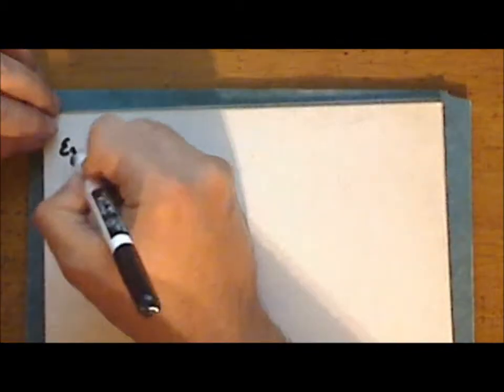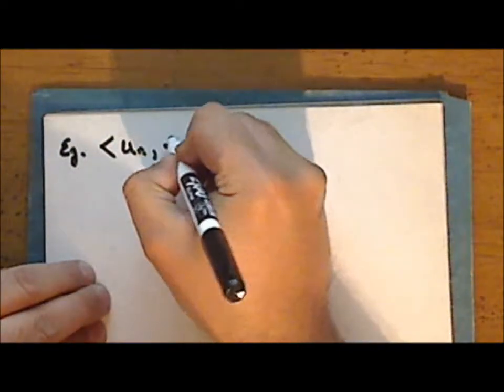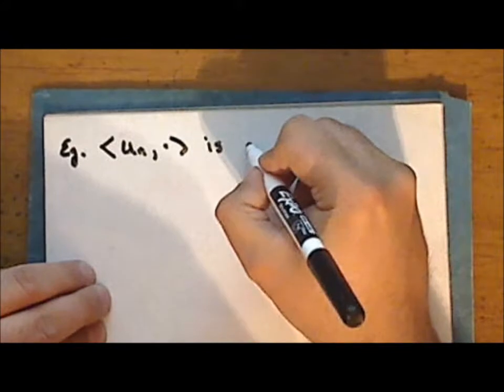So we can now show that the nth roots of unity under multiplication is an abelian group.